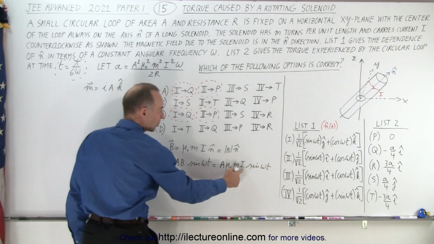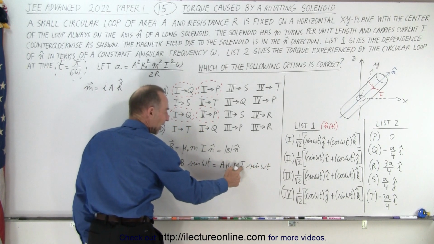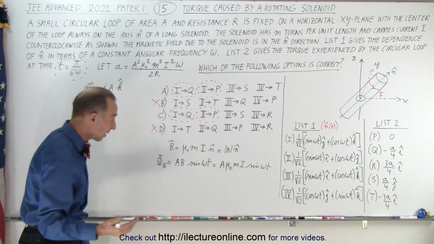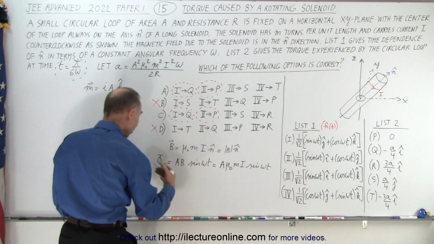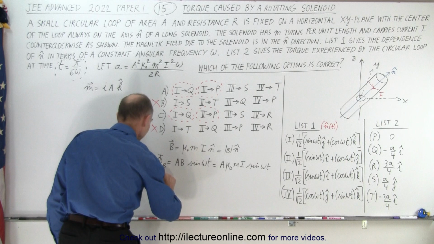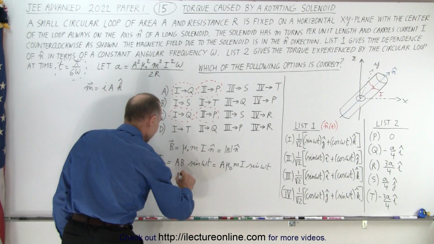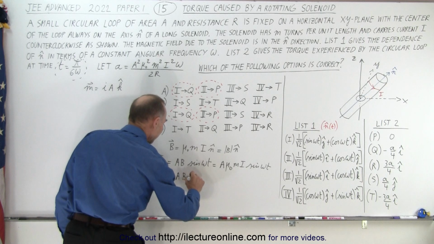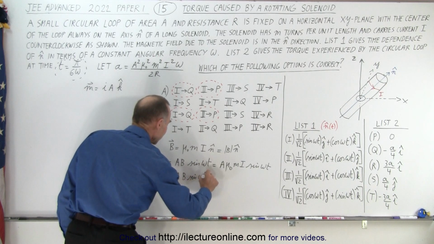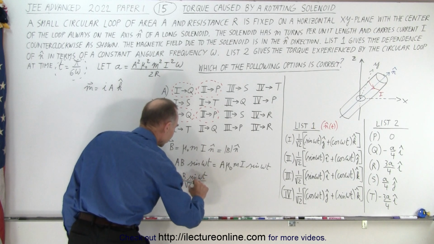And then realizing that we use the peak value for I here, we really want the RMS value for I because we want the RMS flux. That means that the flux is therefore equal to A times B times the sine of omega t divided by the square root of 2.